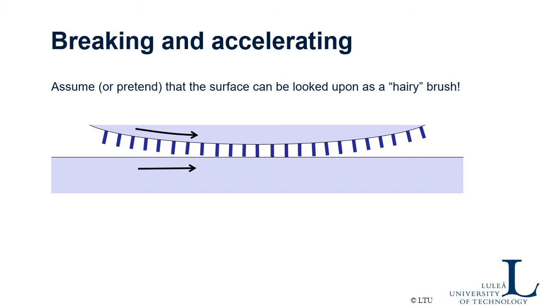We can pretend that the surface is made of a number of brushes or hairs like this. So these blue ones are artificial brushes. It's not a brush there in reality, but let's pretend it is a brush like this. And then let's assume that the surfaces are moving at slightly different speed. So the upper surface moves a little bit faster than the lower surface here.